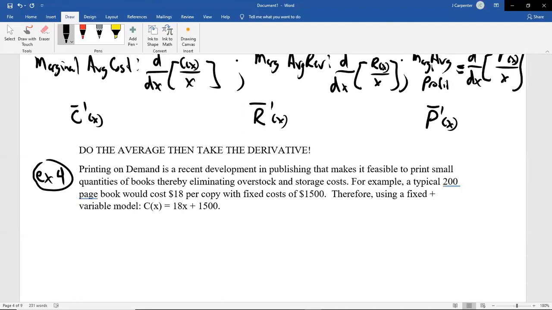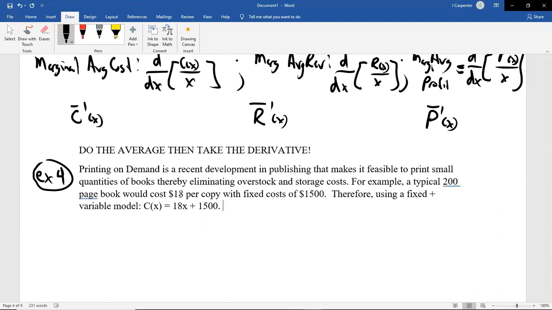I've mentioned this in passing that a lot of cost models are based on a fixed cost and a variable cost. So we have a fixed cost of $1,500. So they just say, all right, you've got to pay $1,500 for us to do this at all. But then every time you want a copy, we're only going to charge you $18. So you pay $1,500 upfront for consultation, setup, and so on. But then after that, if you want one copy, you pay another $18.